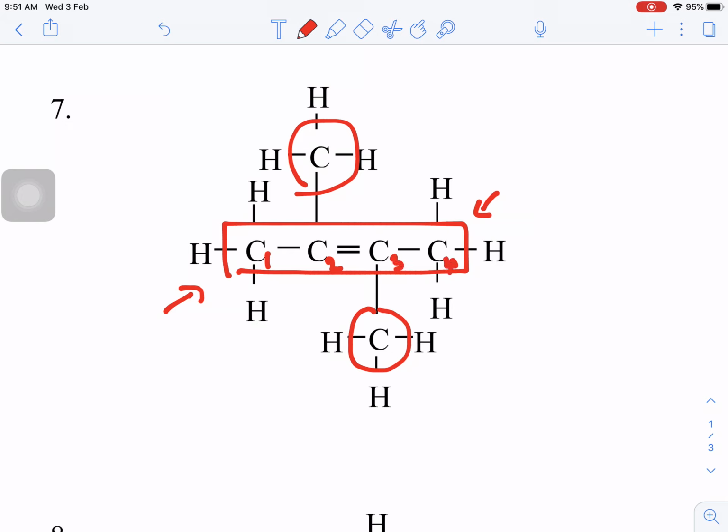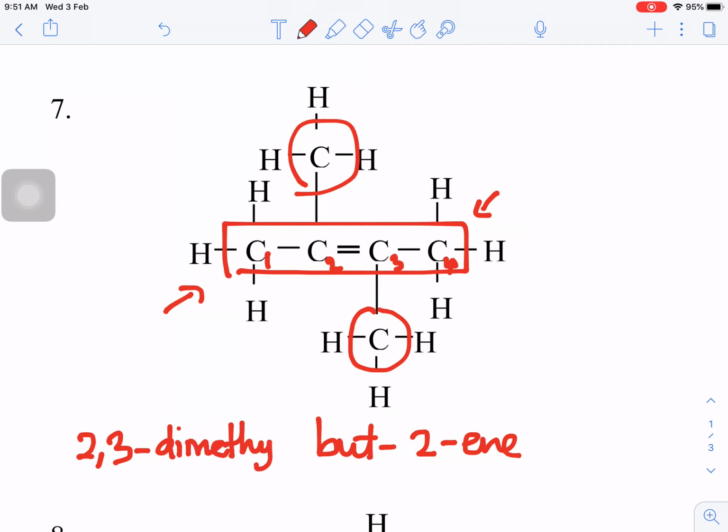So the name is but-2-ene. And we have 2 methyls located at carbon 2, 3. We have 2 methyls, so that means dimethyl. Put -2-ene.